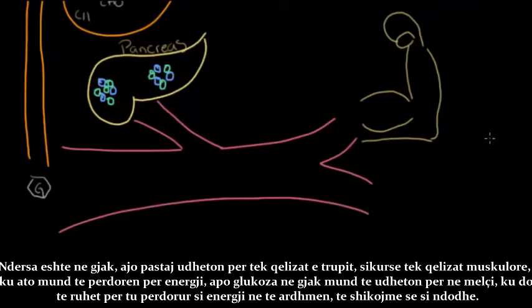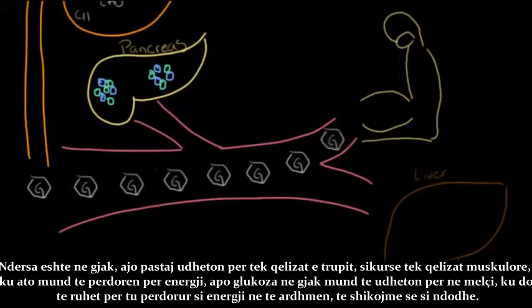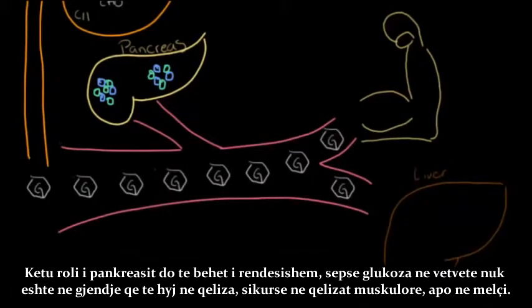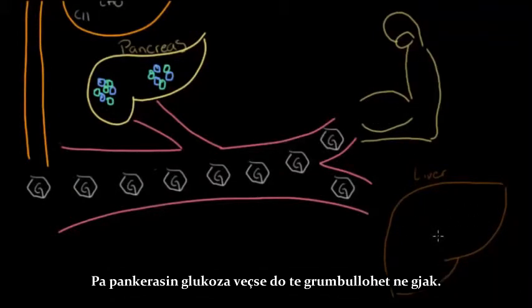Or the glucose in the blood can travel to the liver, where it is stored to be used as energy in the future. So let's see this happen. This is where the role of the pancreas becomes important, because glucose on its own is not able to actually enter the cells like muscle cells or into the liver. Without the pancreas, glucose would just become piled up in the blood.